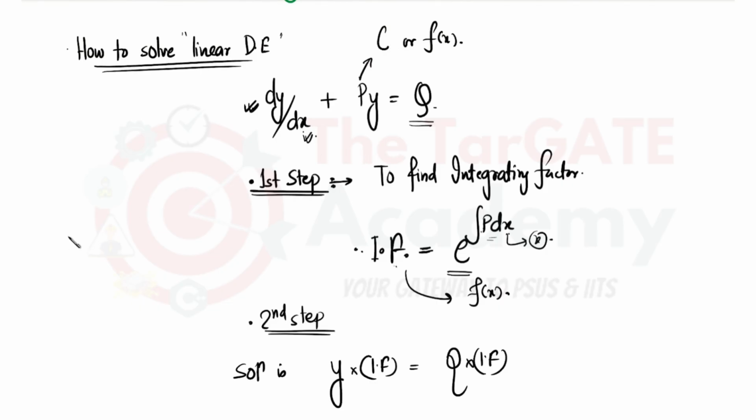For example, if I get p as 2, then e to the power p dx will be e to the power integration of 2 dx. You will have e to the power 2x. Am I clear, all of you? The integrating factor is also a function of x, provided we have the differential equation given in this form.